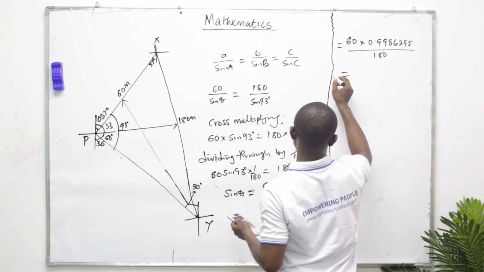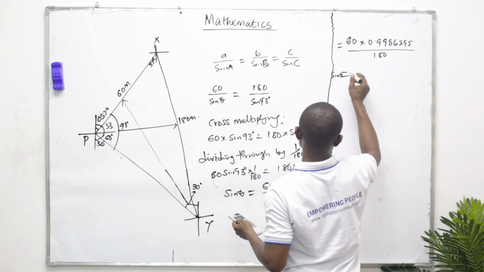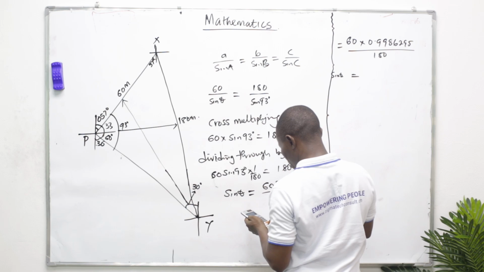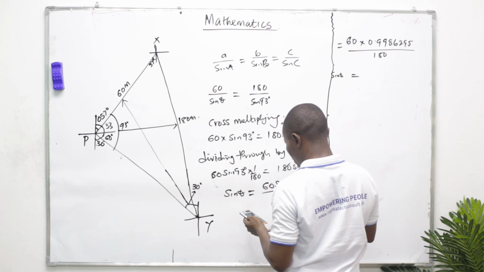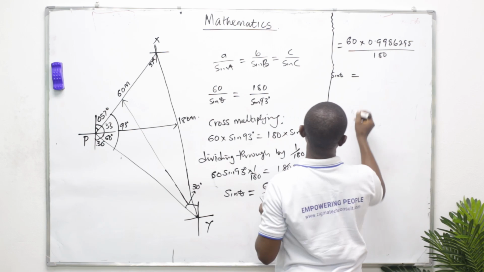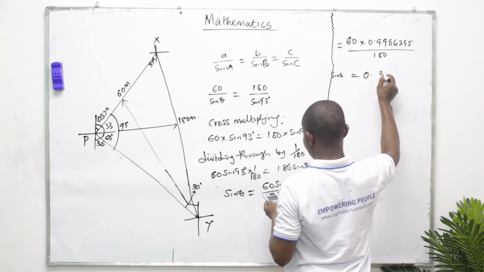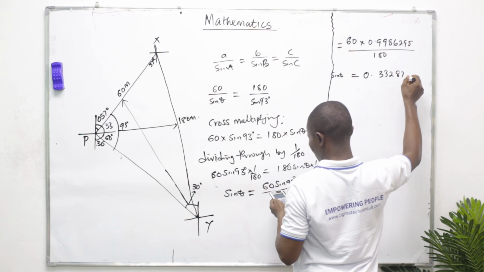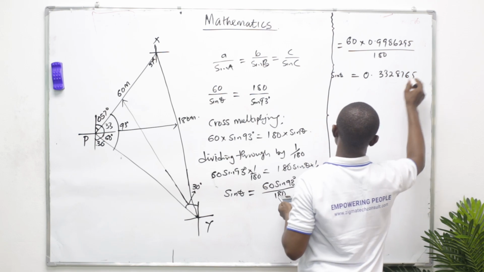This will give us sin theta equals 0.3328765.